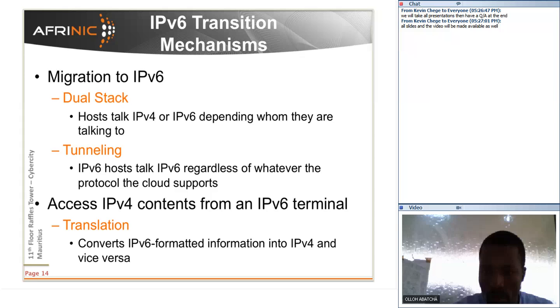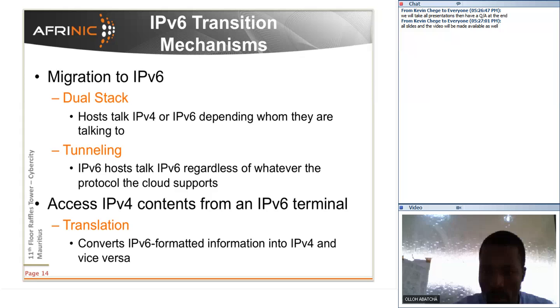Tunneling is basically, think of it as having a pipe between two networks. So let's say both of them speak IPv6, and the networks between them don't. They speak IPv4. It's like putting up a pipe between both v6 networks.